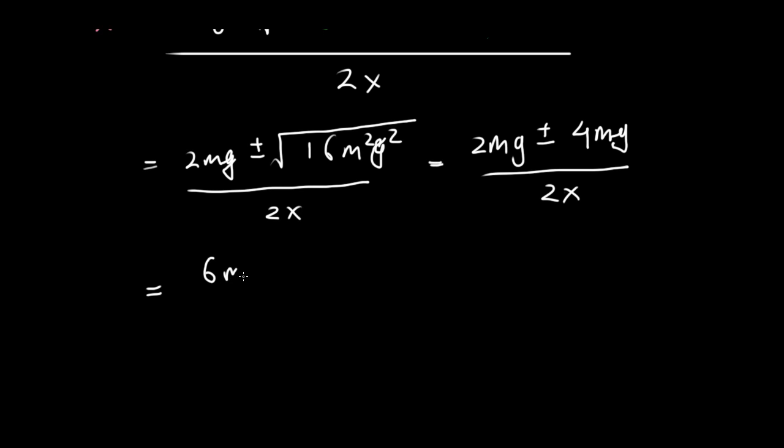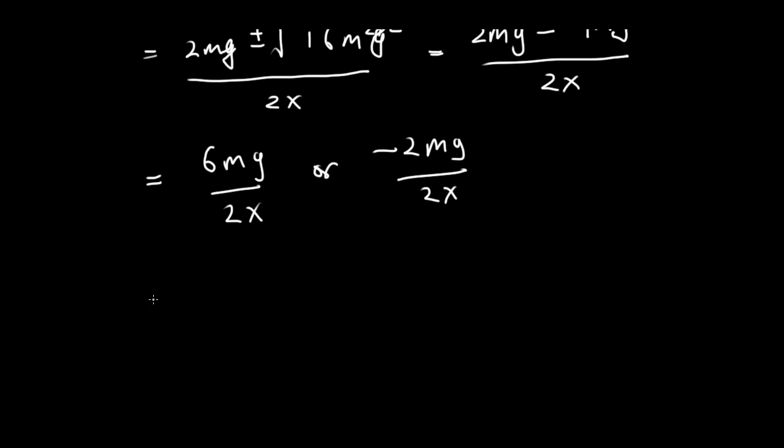So 2 plus 4 is 6mg over 2x, or it is 2 minus 4, which is negative 2mg over 2x. So this is equal to 3mg over x, or negative mg over x.